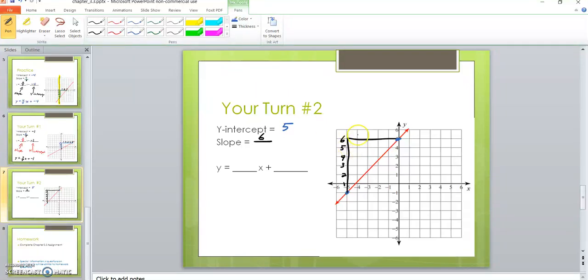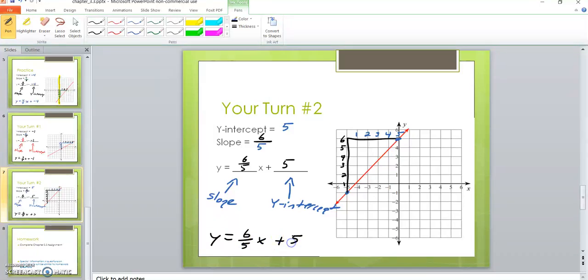And now we count over. 1, 2, 3, 4, 5. And of course our slope goes in the first one, and our y-intercept goes in the second one. So our equation is y equals 6 over 5 x plus 5.